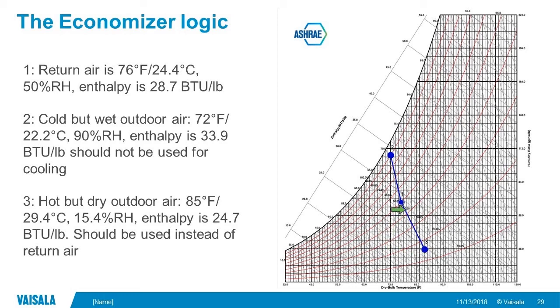And that means you're actually decreasing the enthalpy. So now the enthalpy outside is actually only 24 or 25 and that's actually less than what you're having inside. And that means it makes more sense energy-wise to use the hot outdoor air even though the temperature is higher. And that's just because the humidity is so much lower.